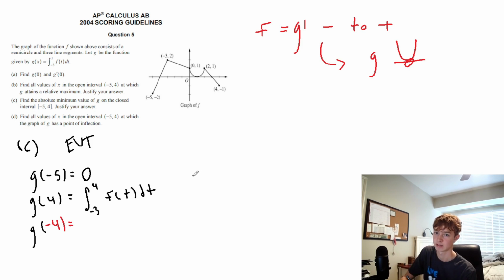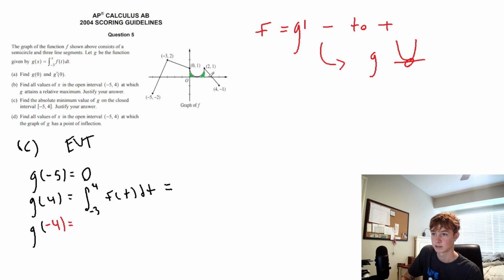So now we have to find the area under the curve from -3 all the way up to 4 of f of t. The first thing I notice is that this triangle and this triangle are equal, but one's positive and one's negative, so we don't have to worry about that portion. And then we have to find this area, in green.